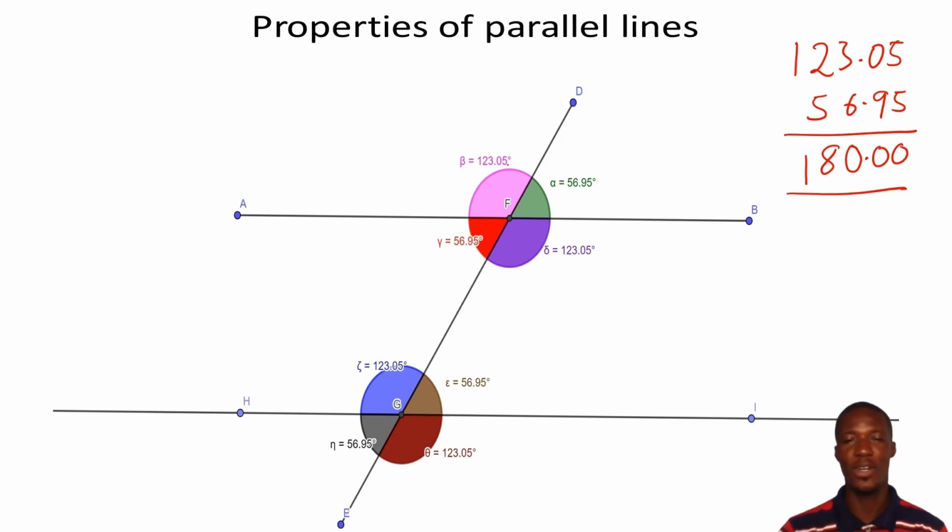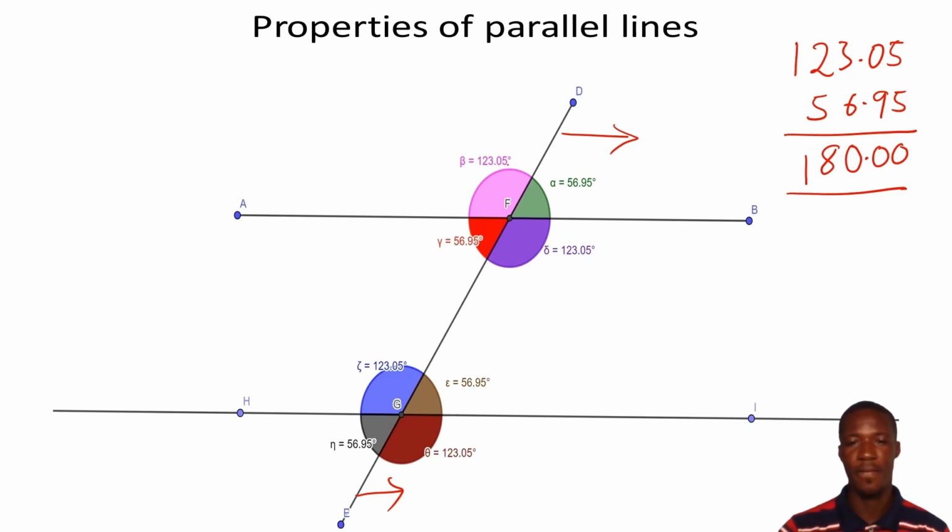Now when we take the right side of the transversal line, we see that an angle has been formed between the transversal line and the line HI. And then another angle has also been formed between the transversal line and the line AB. So now let's add their angles to see whether we can confirm co-interior angles in this.